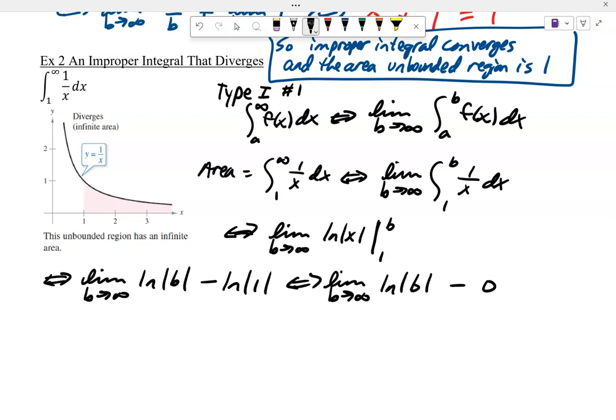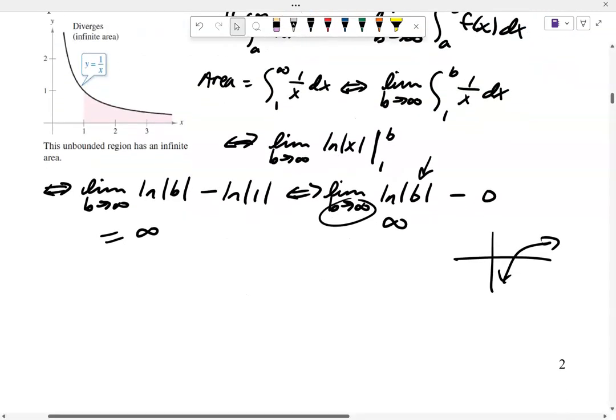So now let's throw infinity in. Well, if you think about natural log of x, right? Here's our natural log of x as the limit as b goes to infinity, right? This will end up being infinity, right? It gets increasingly large. And so we just got infinity minus 0, right? So we just got infinity. So this thing diverges. It does not converge to a finite value. Diverges.